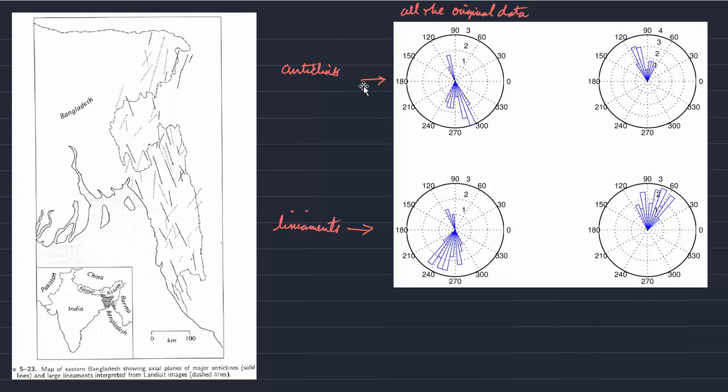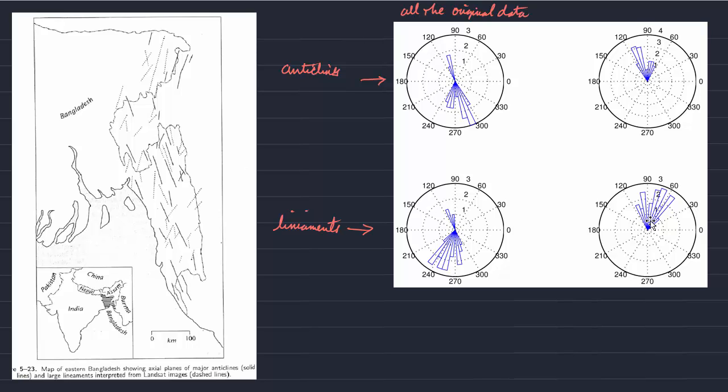So I went through method 1 and doubled the angles and subtracted 360 from the angles that exceeded 360, and I got this distribution. That method is valid, again, because all the original angles are defined to be greater than 0, and the total spread of the orientations is less than 90 degrees. I did the same for the lineaments, and I got these orientations for the lineaments.